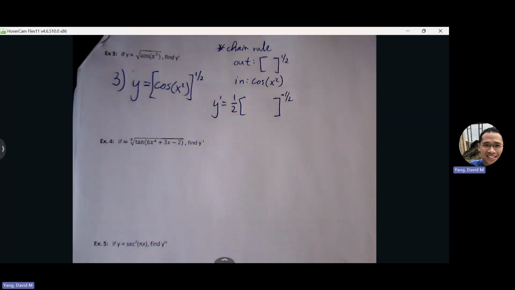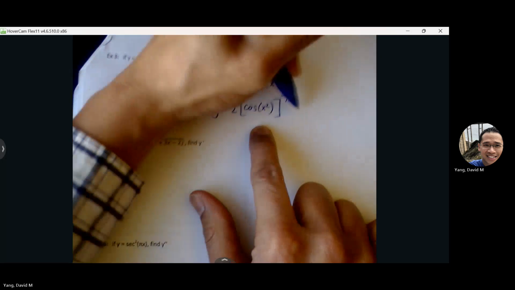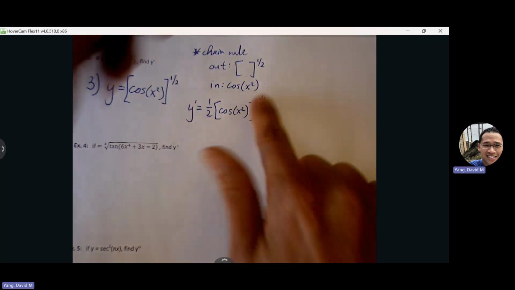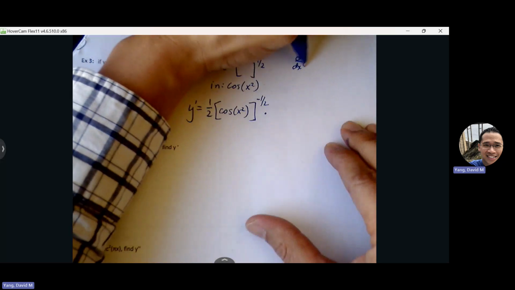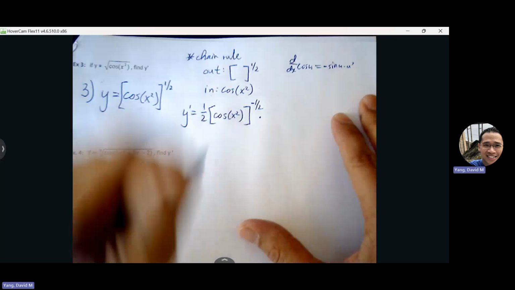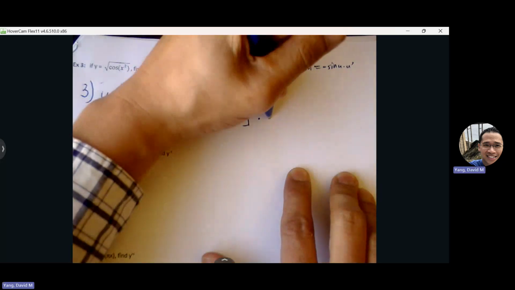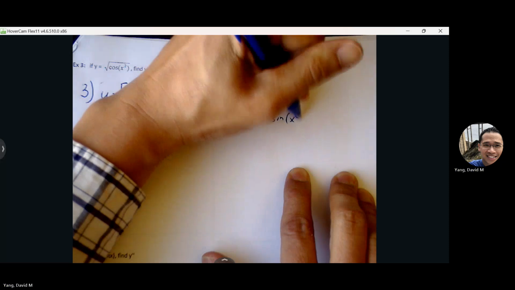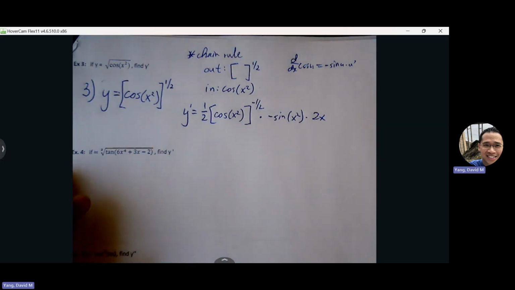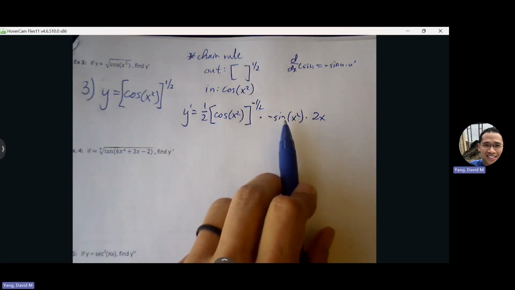We don't change anything, right? We're not ready for the inside yet. Times, okay, inside. Remember, the derivative for cosine is negative sine u times u prime. So how do we apply that? Times 2x. Outside's derivative times inside's derivative.